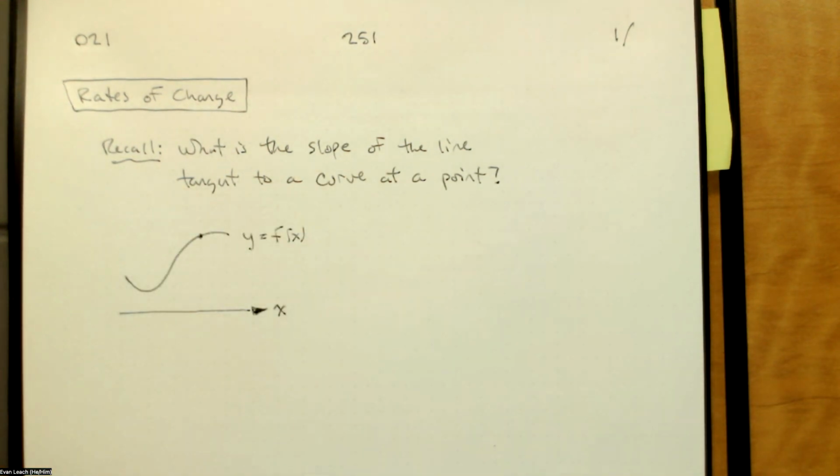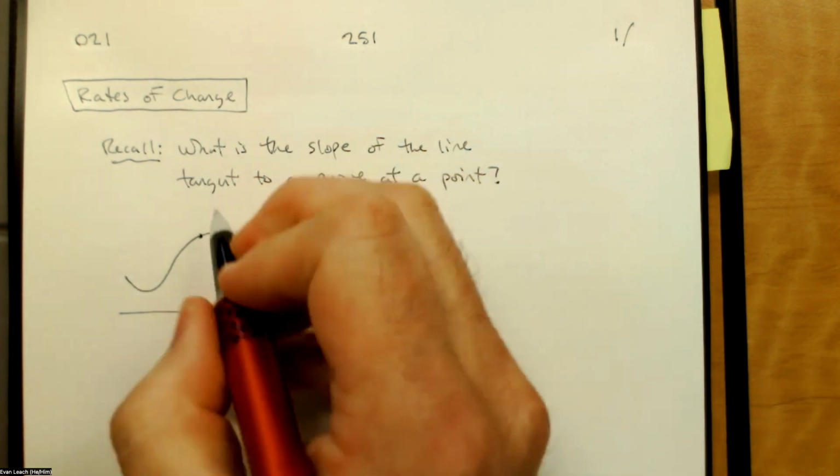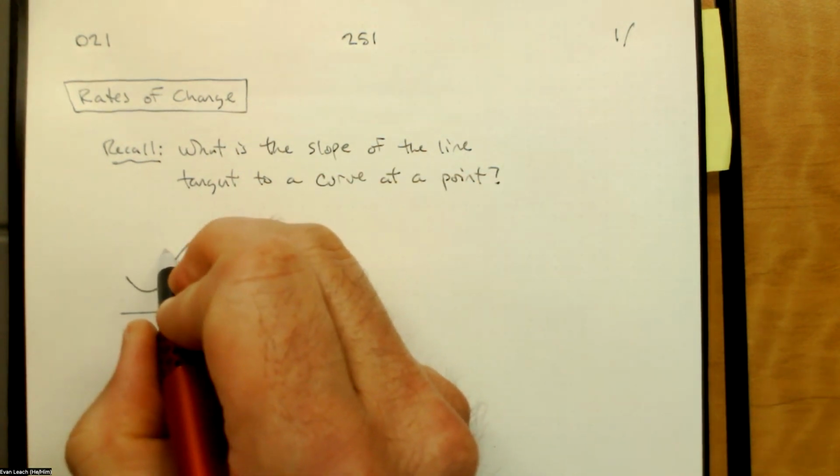When we talk about a line tangent to the curve, we imagine a line just kind of skimming across the function. So here is a line tangent to the curve.